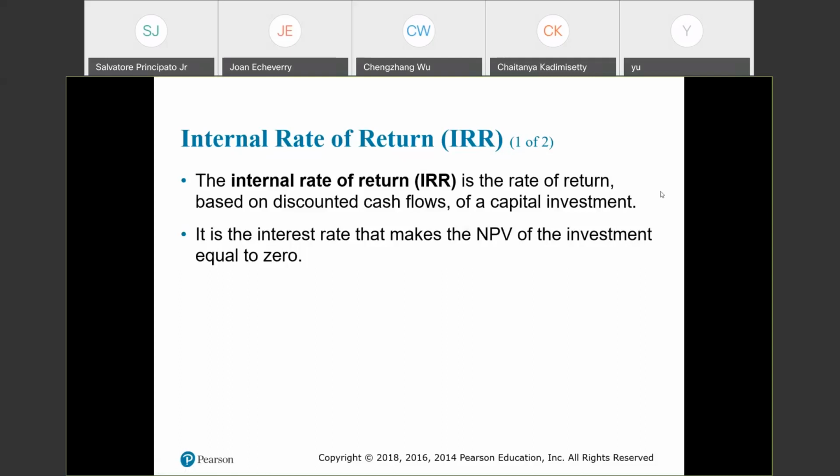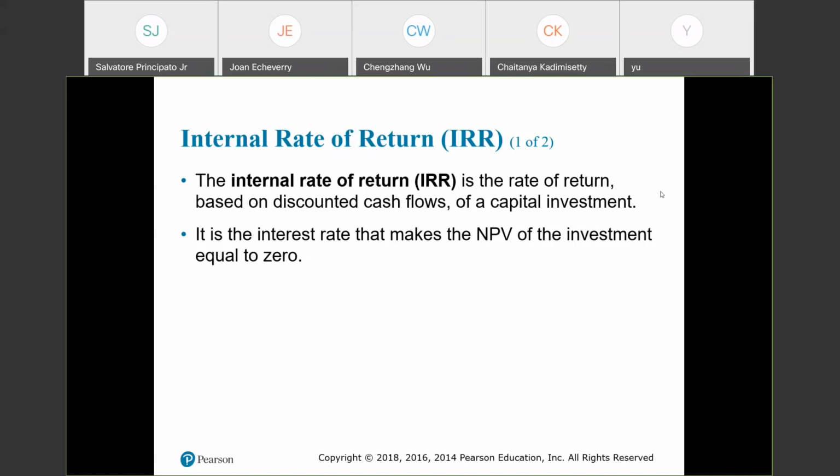In this chapter, capital investment decisions, we discussed several methodologies to help managers make future business decisions regarding capital investment.